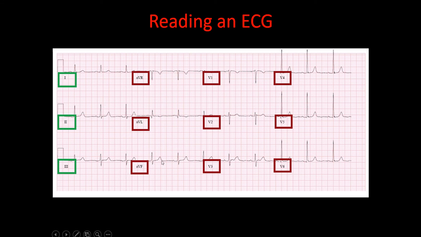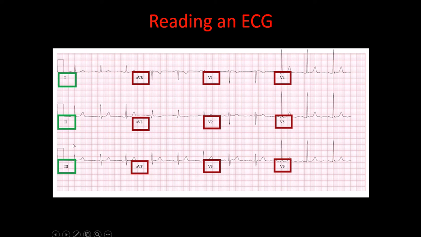You'll see that the way the ECG is broken up on the paper, they're labeled for whatever lead was placed on the patient's body, and then we have these 3 over here that have Roman numerals. Well, these leads over here are the actual leads that are placed on the patient's body.